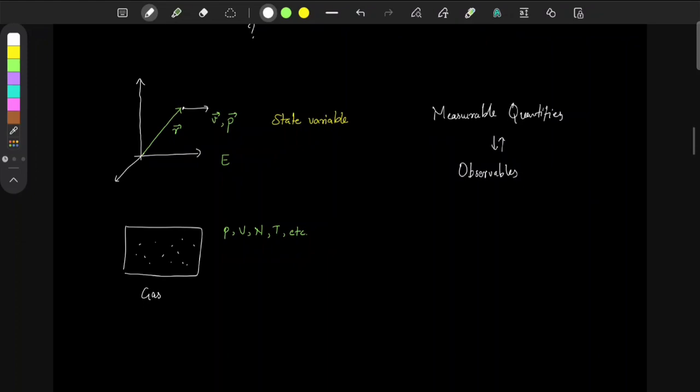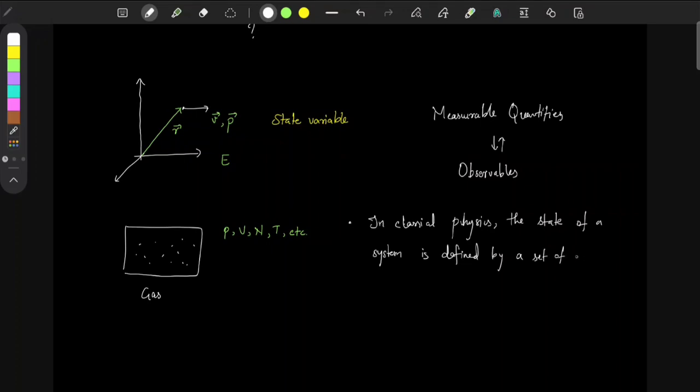So the most important point to notice is that in classical physics, the state of a system is defined by a set of observable quantities.